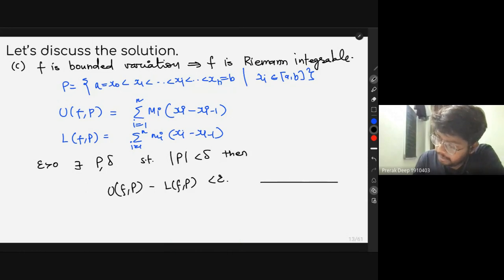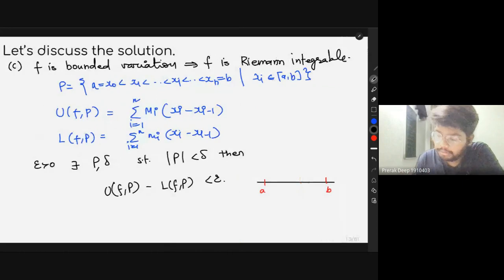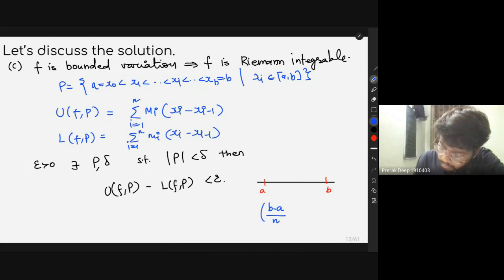Given any interval [a, b], you can break it into uniform length subintervals. The uniform subinterval length is b minus a divided by the number of subintervals you want to make. If I want to make n subintervals, I divide by n. Then you just add a plus this quantity, and this will be your first point x1.